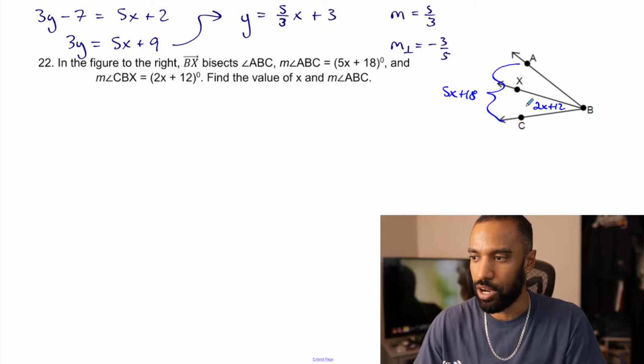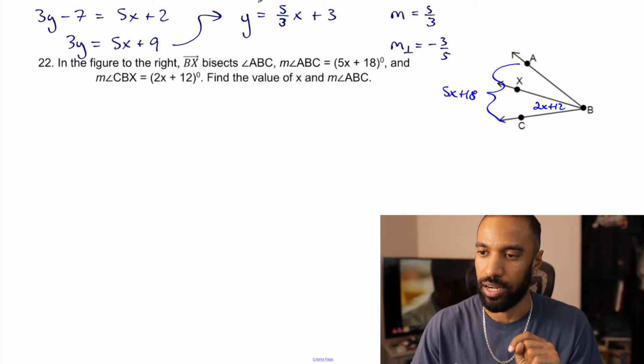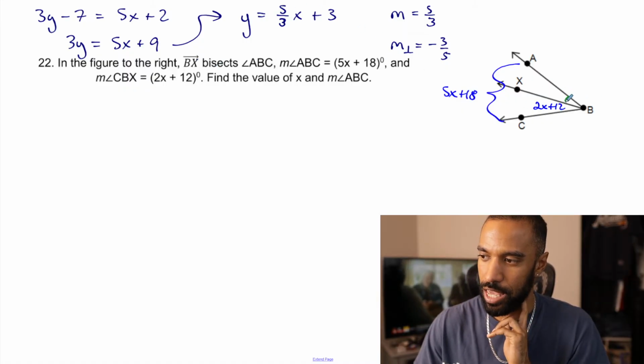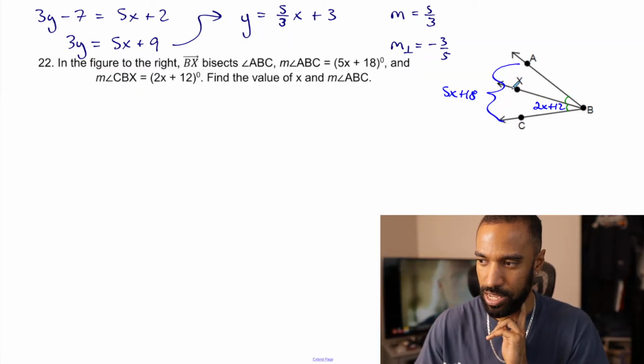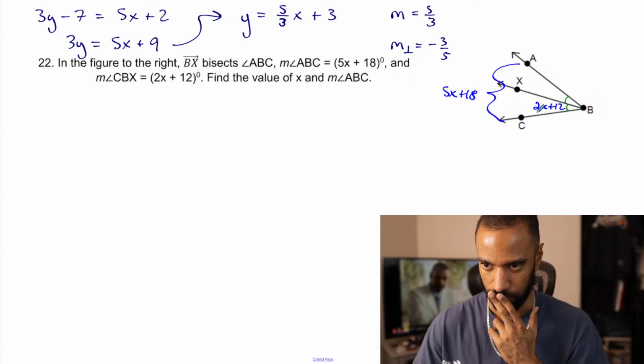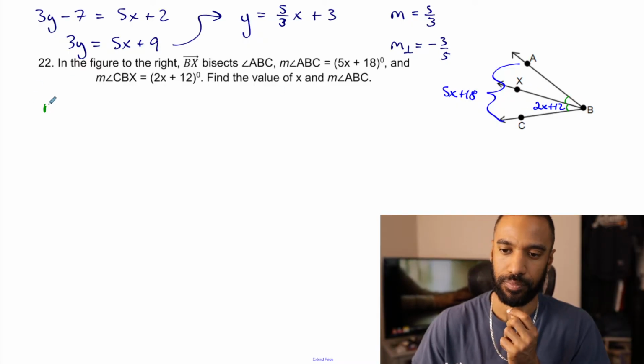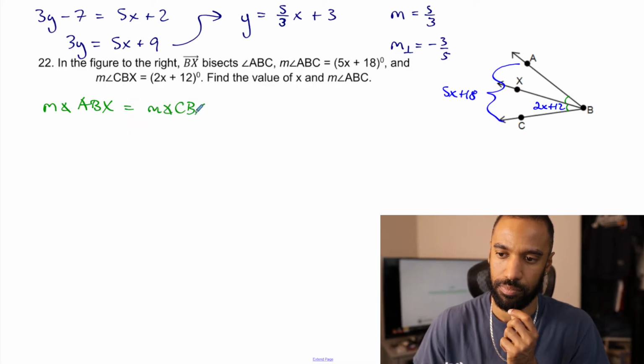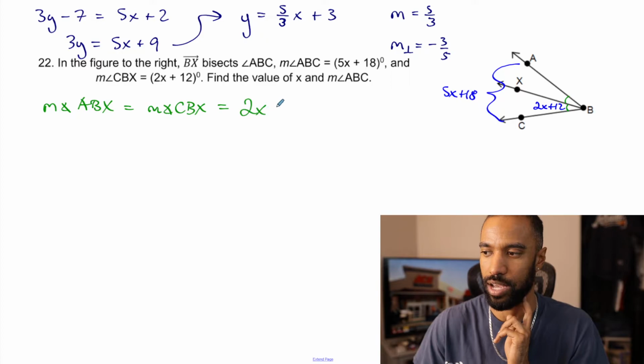The bisector divides this angle ABC into two congruent parts. That means that the measure of angle ABX is equal to the measure of angle CBX right here. Well, we know the measure of angle CBX is 2x plus 12.